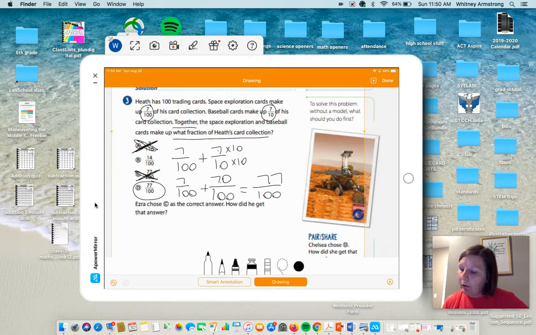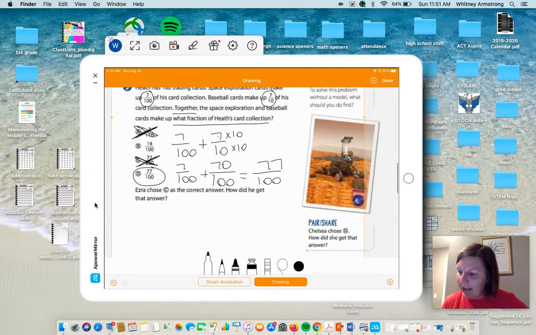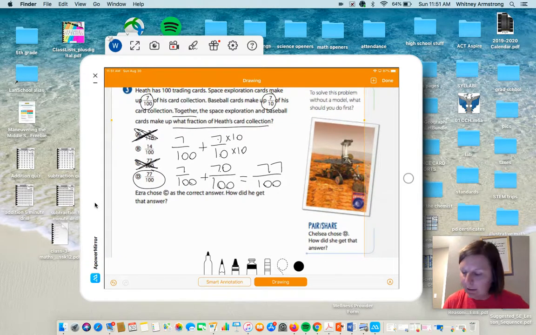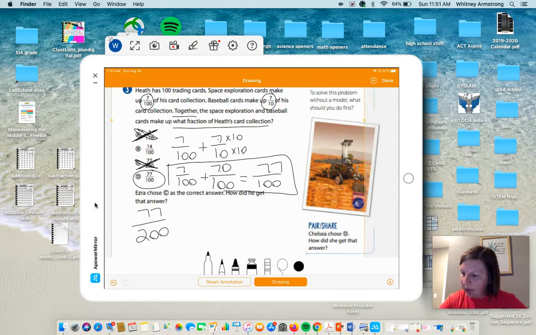Okay? So the second part of this question says Ezra chose C as the correct answer. How did he get that answer? So Ezra chose C, which was 77 over 200. Okay? So how did he get that answer? So what Ezra did is on this step right here, okay, so we're looking at that second step that we did once we multiplied by 10, he added everything together.